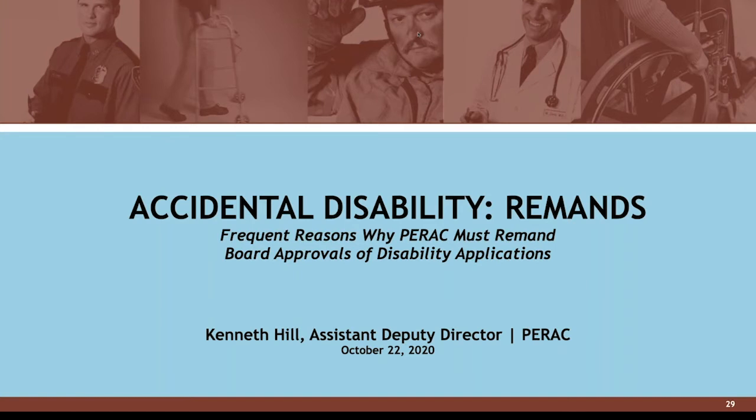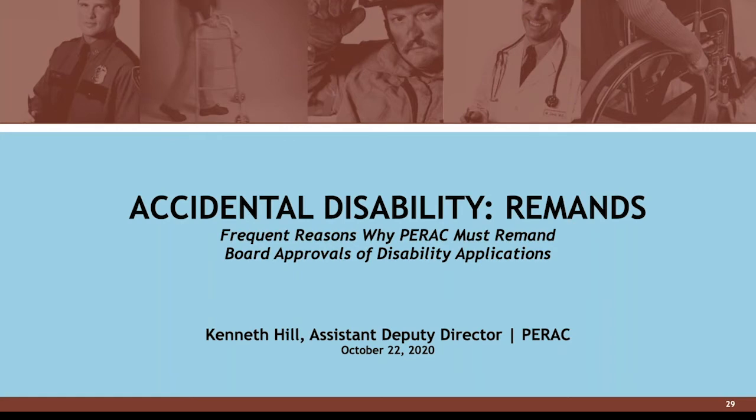My piece of the presentation, as both Natasha and Patrice mentioned, is the remand aspect of it. The remand is when the board approves a disability application, then it comes to PERAC for review, and we have to remand it back to the board for some reason. My goal in this presentation is to go over some of the common reasons why PERAC has to remand an application, so that the board can perhaps make findings of fact before it comes to us that can aid in that application and cure it.